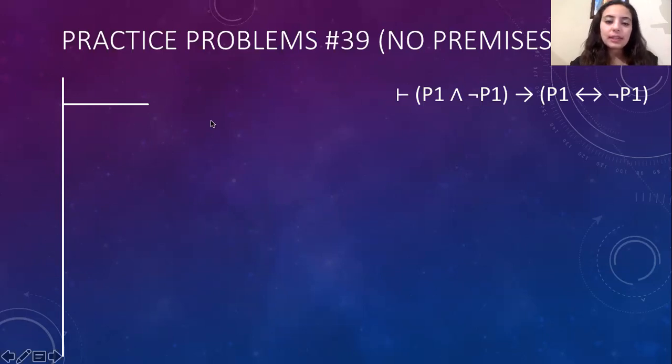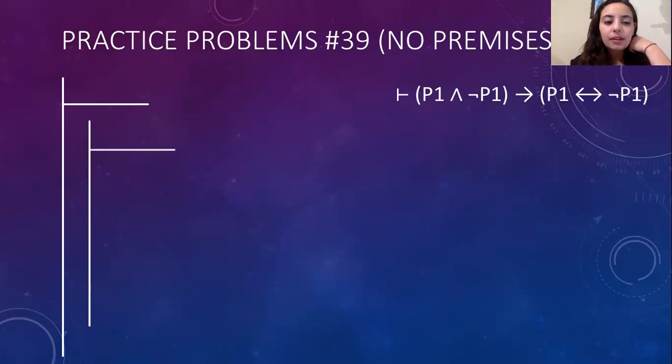So what's going to end up happening is we're going to need to do a subproof right away. There's nothing literally to work with, so we have to assume something. Okay, well, let's do that. So what are we going to assume? Obviously, we have to look at our end result. We're trying to prove this arrow this.